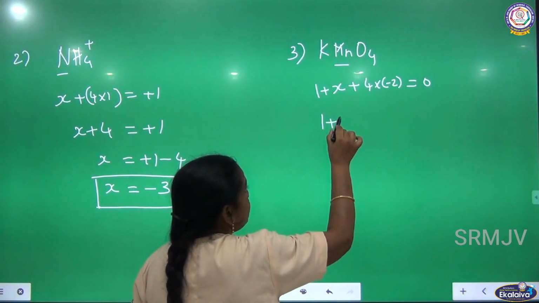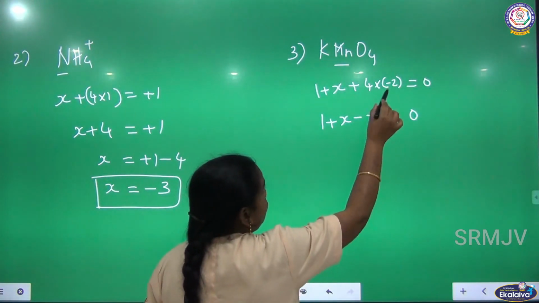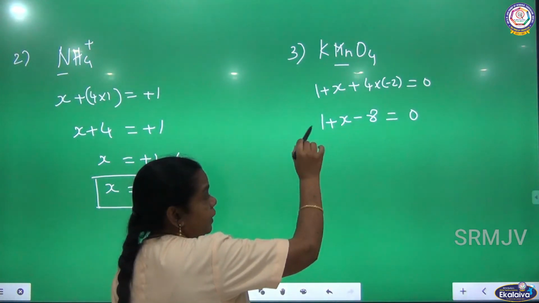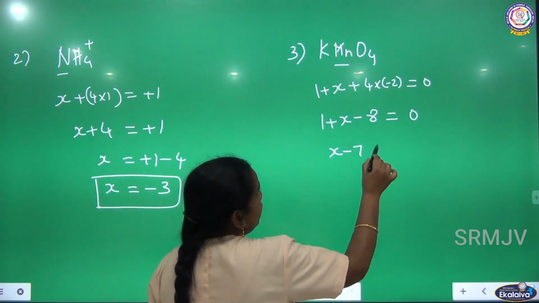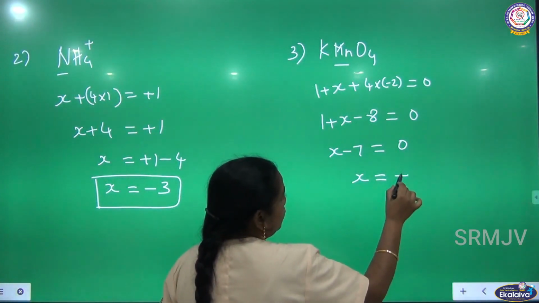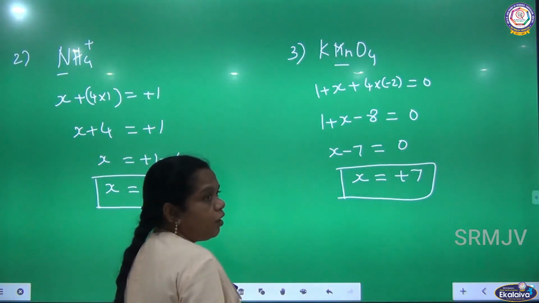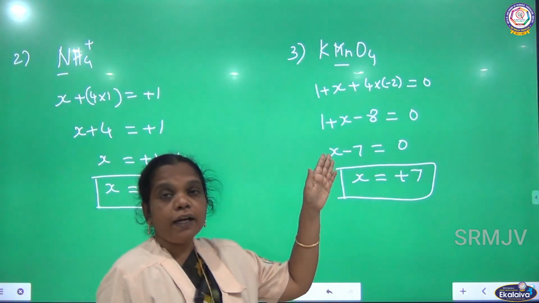So 1 plus X minus 8 equal to 0. 4 2s are 8, minus 8. So -8 plus 1, -7. X minus 7 equal to 0. X equal to +7. So the oxidation state of manganese in potassium permanganate is +7.